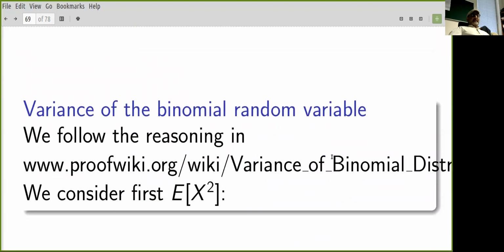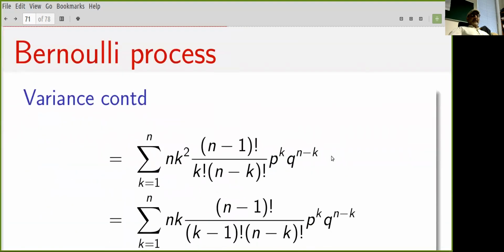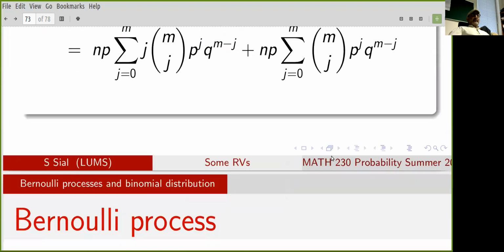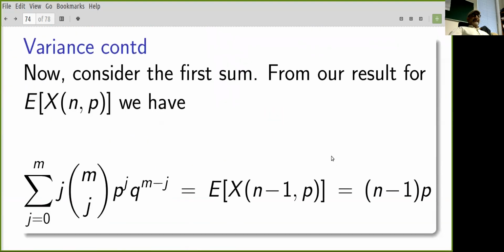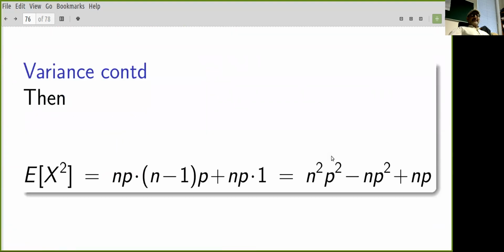Now the variance, again, I've given you the reference for this, or you can follow through in the notes, and it kind of goes on and on. So finally we get the expectation of x squared is n squared p squared minus np squared plus np.